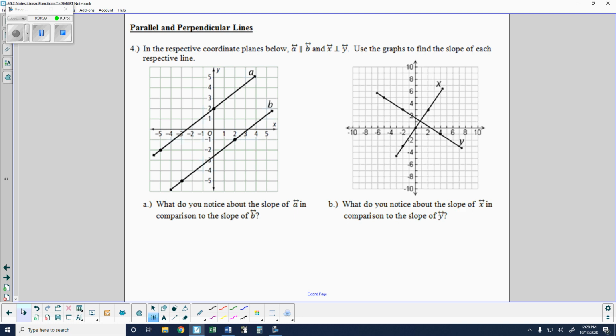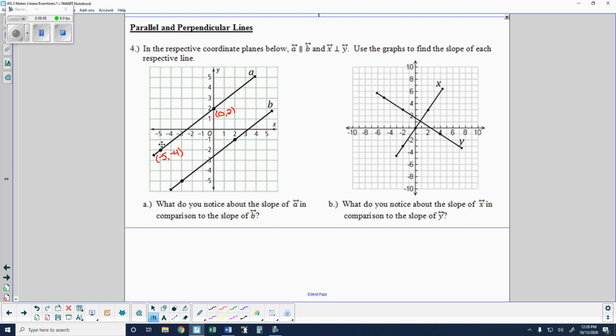So in the first graph, let's take a look at the slope of line A. What we could do is take these 2 points. So here we have a point 0, 2, and here we have a point -5, -2, and I could substitute those into the formula, do y minus y over x minus x. But we could also simplify this a little bit, and instead of just using the formula, I could count here.